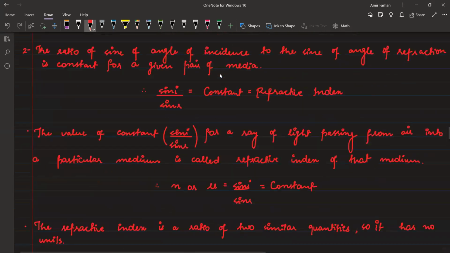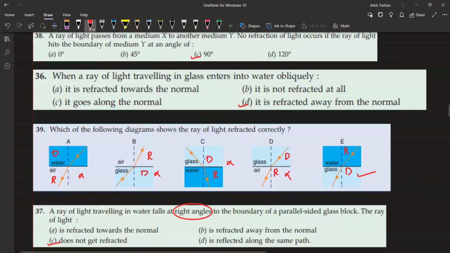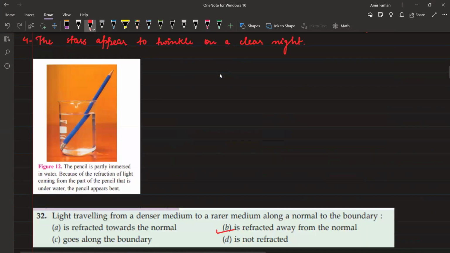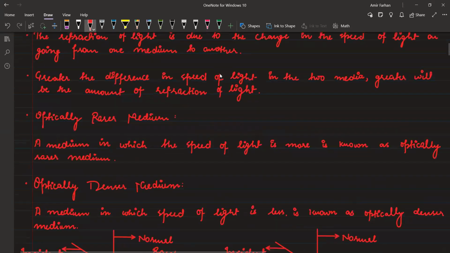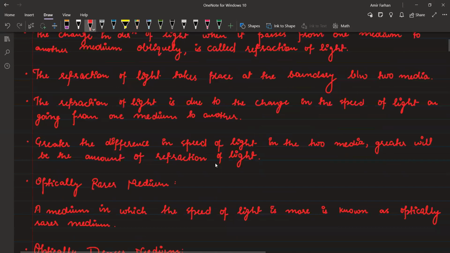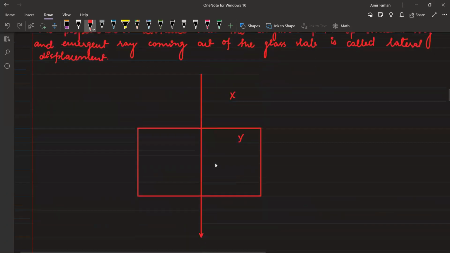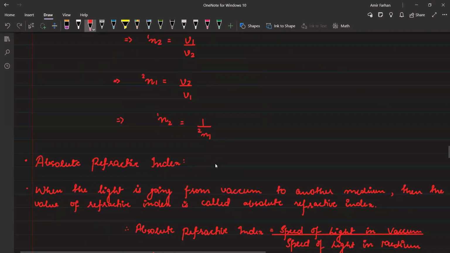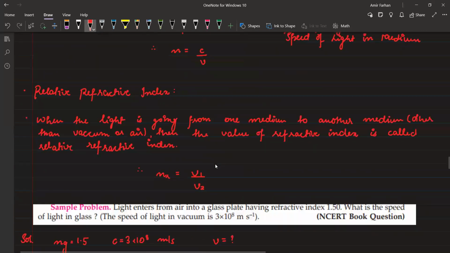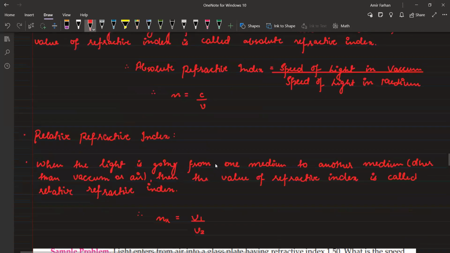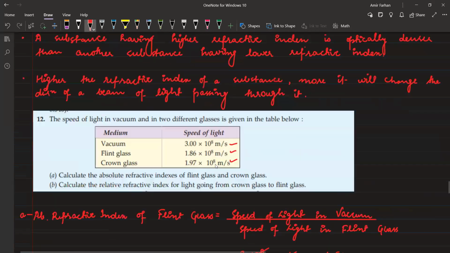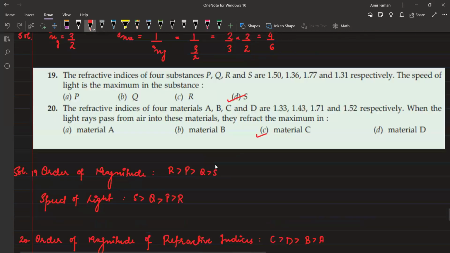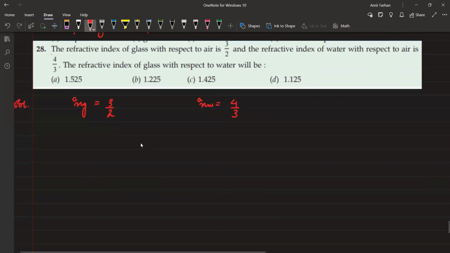Where is it? I have written it somewhere in the last class. Okay, no problem.